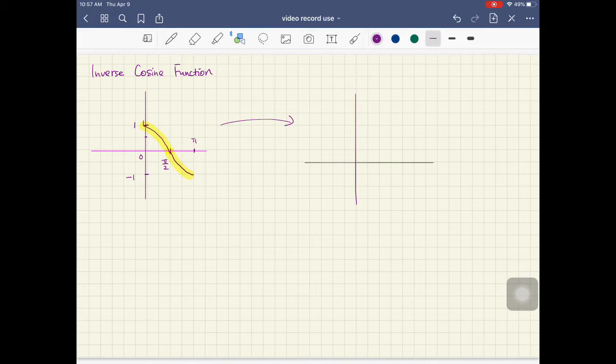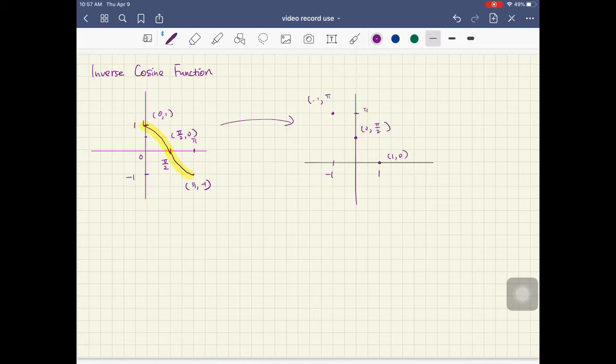Okay, so I'm labeling the points: 0, 1; pi over 2, 0; pi, -1. For the inverse, we have 1, 0; then 0, pi over 2; and then the third point is -1, pi.